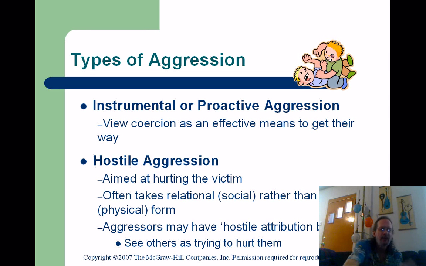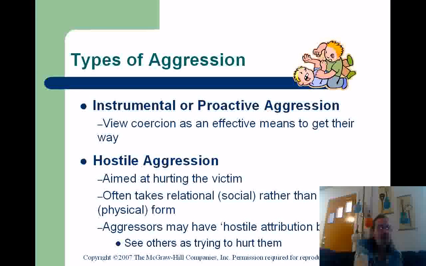I act aggressively towards other people because whenever there's doubt in a situation, I interpret their actions as hostile to me. If you tend to think people have your best interest at heart, you tend to interpret their actions that way. If you think they're out to get you, you tend to interpret their actions that way.